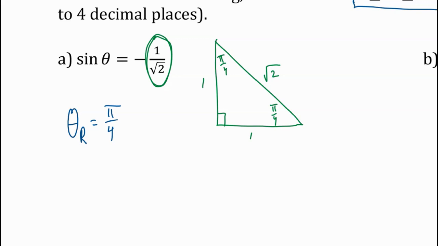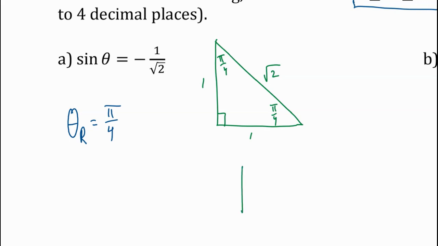Okay, now what do we do? Evan? We find where sine is negative. And why? Because the ratio that we're given is negative. So we have to figure out what quadrant sine is negative. And how am I going to do that? Evan, do you know?